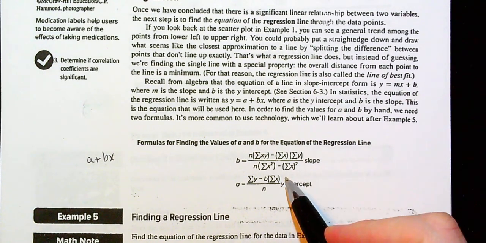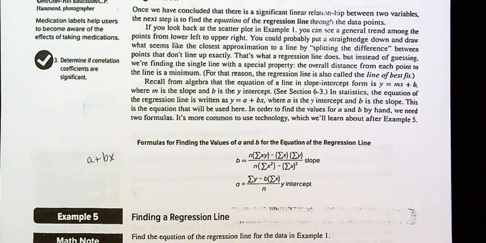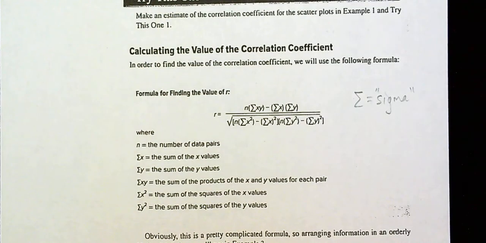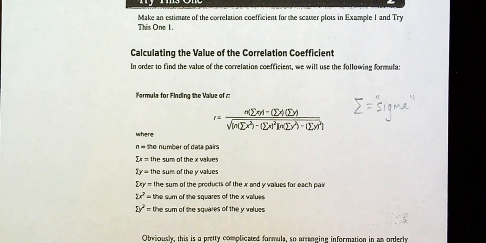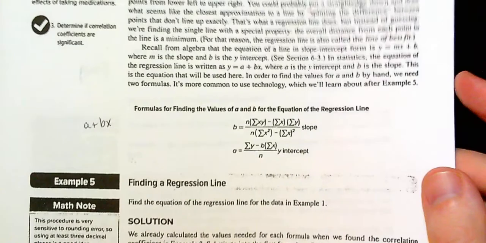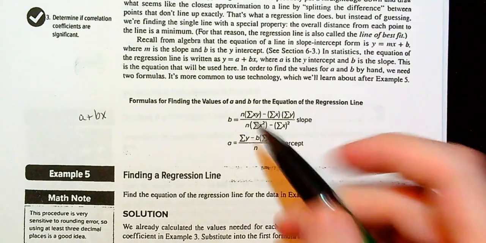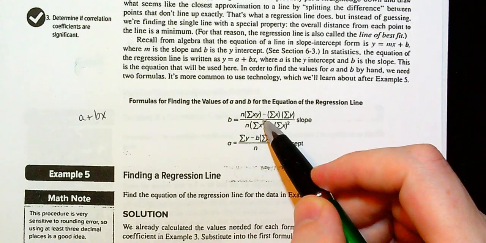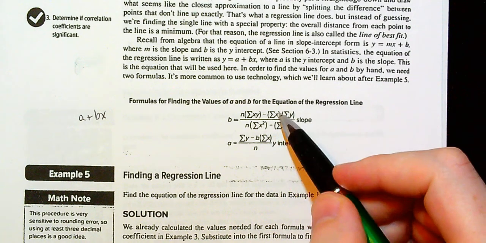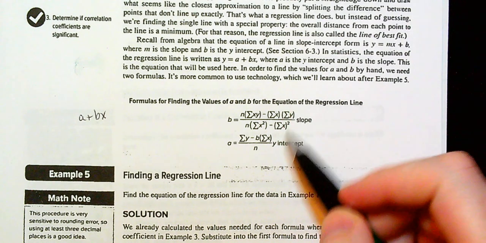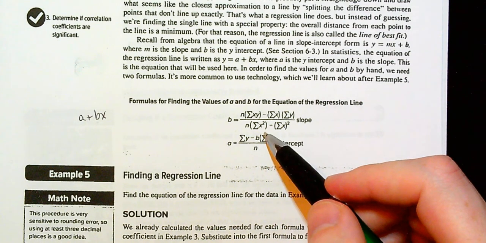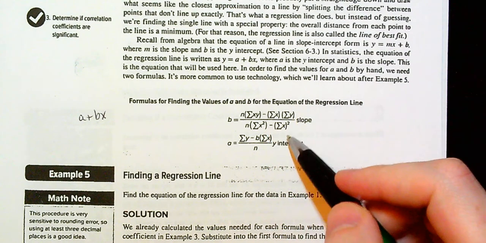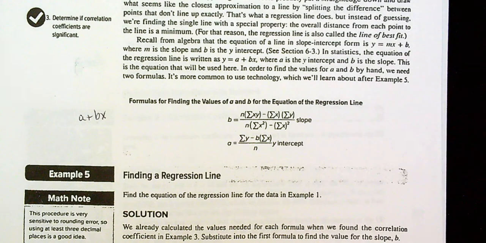It's using the exact same notation as we saw earlier when we had the formula for calculating the correlation coefficient between the two quantities x and y. We have n times the sum of xy minus the sum of x's times the sum of y's, all divided by n times the sum of x squared minus the sum of x, squared.